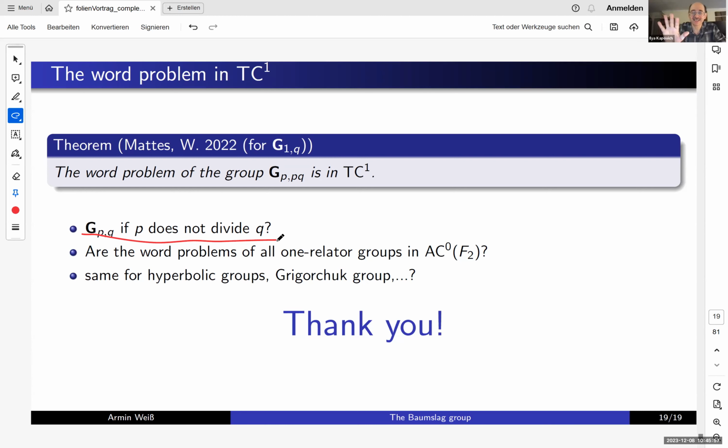I'm not sure. I understand that they're difficult, but what I mean is what might be true. It's hard to guess. It's really hard to guess. Okay, you're refusing to commit. If AC0 reducible to F2 is equal to log space or something, I would guess they are in the class, but I don't know. Okay, thank you.